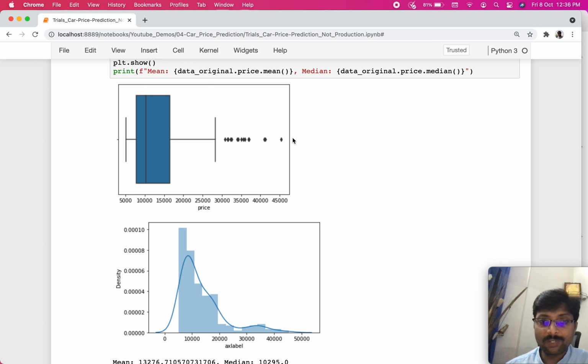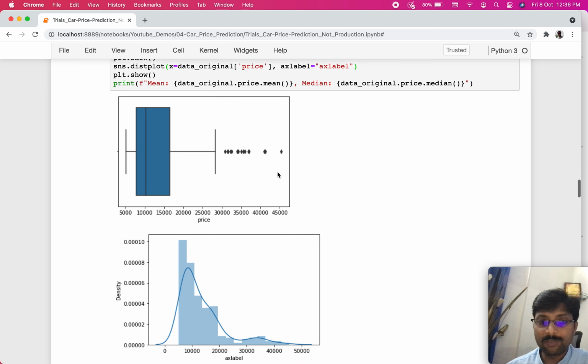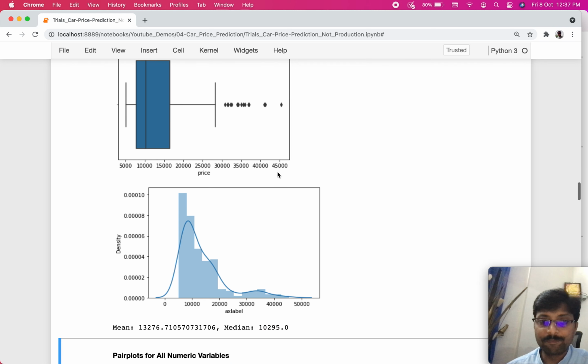Or we could accept them, saying, hey, there are not many of them, but we will look at the final model summary and model outcome, and then decide whether we should remove some of these outliers or not. But this is again some view for us in terms of understanding how the variable is spread, right?